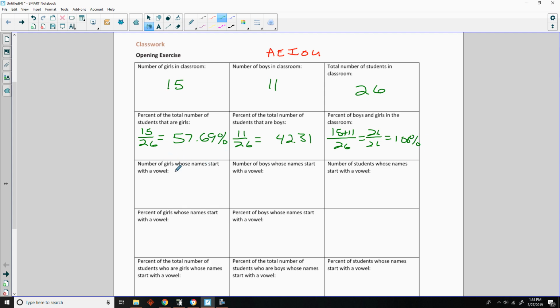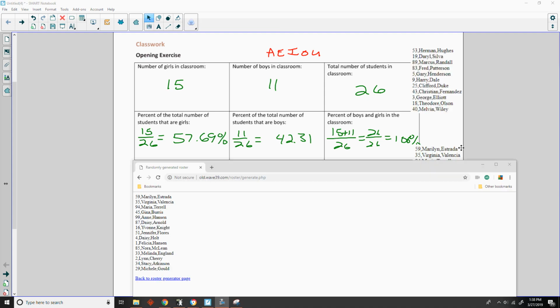Number of girls whose names start with a vowel. Okay, well, I'm not going to continue this because then I'd have to make up a roster. Well, let me see. Okay, I decided to do this anyway. So what I did was I used old.wave39.com/roster/generate.php.